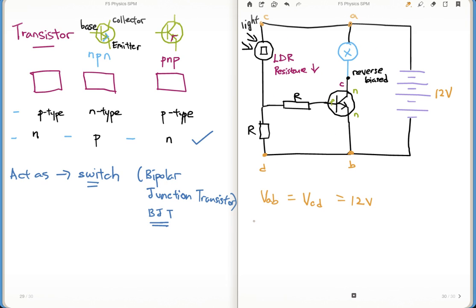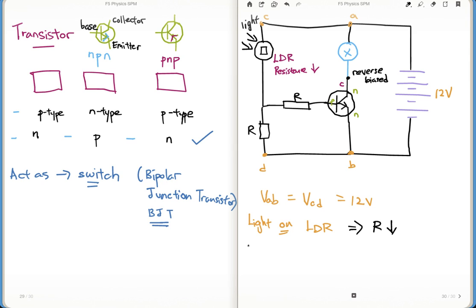Under light condition, when you have light on the LDR, light dependent resistor, what happens? When you have light onto it, the resistance reduces. Now bear in mind, the amount of current passed through it will still be the same because they are in series, so the amount of current will be the same.